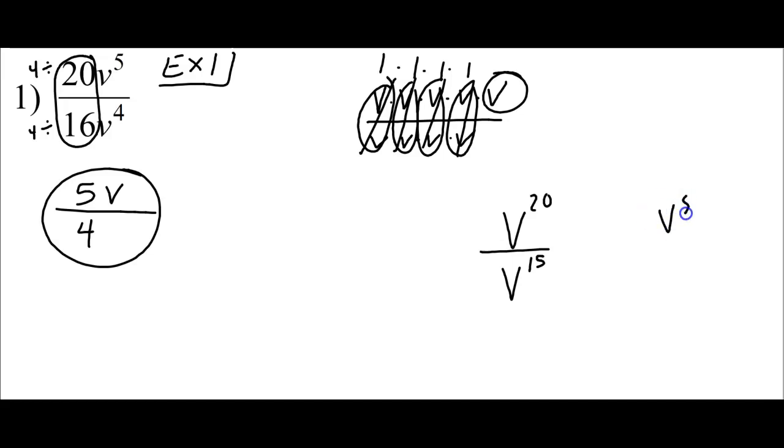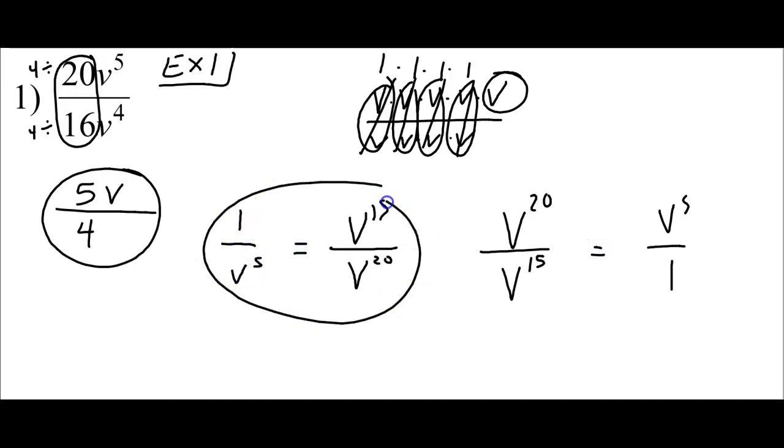So it'll be V to the 5th on the top, right? Now if I reversed it, we still have 5 V's left, but it'd be on the bottom, right? Does that make sense? Yeah, just subtract the exponents basically. So subtract them and put the answer wherever the bigger one was at the beginning.